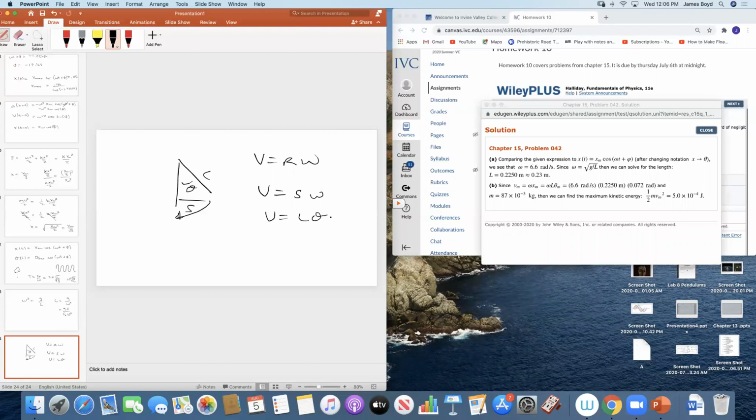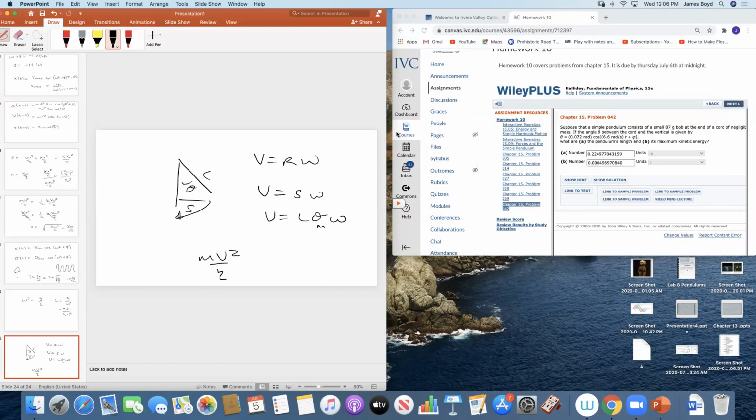So you get L theta omega, where this is theta max, okay? And that gives you V. Once you have V, you can just plug in mv squared over 2 if you want. It's a weird problem that's kind of difficult. I threw it on there just so that you would see it. It's one of those weird problems, but you'll never have that on an exam.